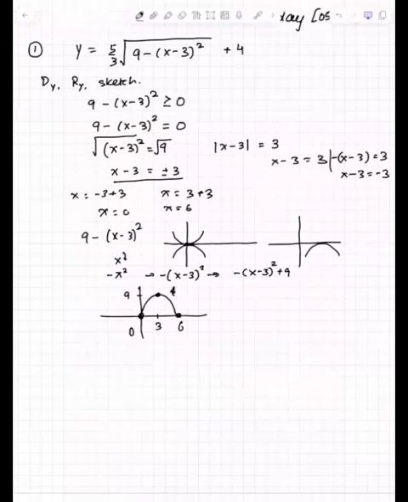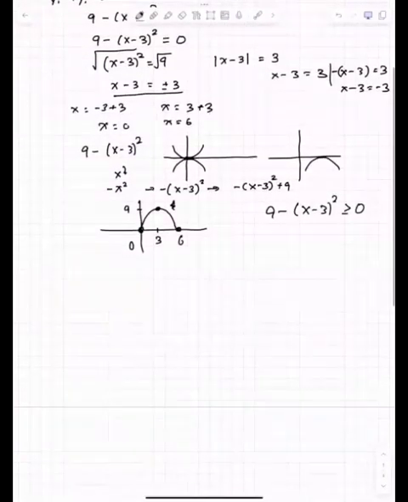Okay, that's the only graph that's allowed because the domain is x between 0 and 6, because that's where the graph of 9 minus (x minus 3) squared is greater than or equal to 0. Okay, can't have the other parts here.